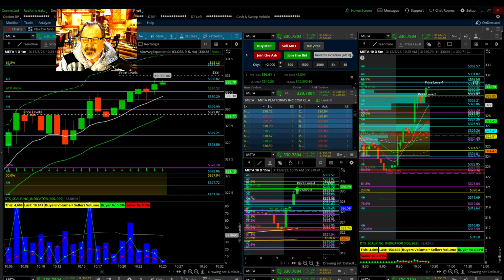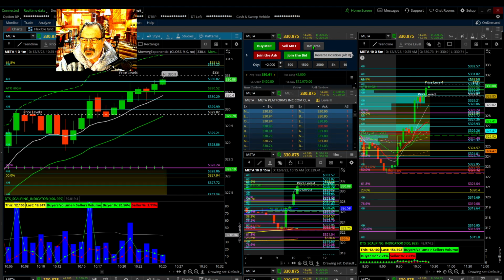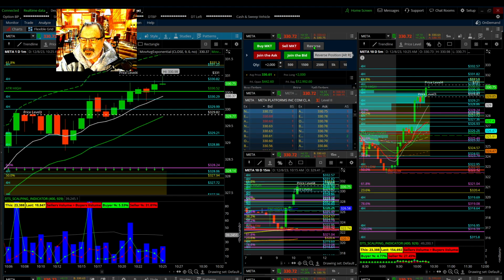It keeps bouncing off that 4-hour at the 80 mark, 330.80, 330.90. Now let's look at the 331 for a potential reversal here. I'm looking for the 331 to take profit if it gets anywhere.